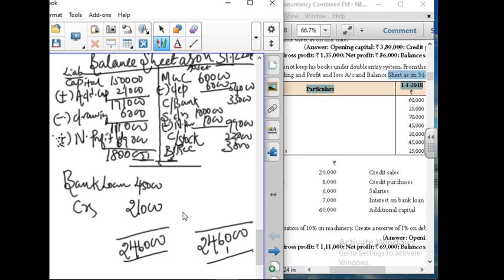With this, we are going to add the additional capital 21,000. Total comes around 1 lakh 71,000. Your drawings 60,000. Your balance will be 1 lakh 11,000.